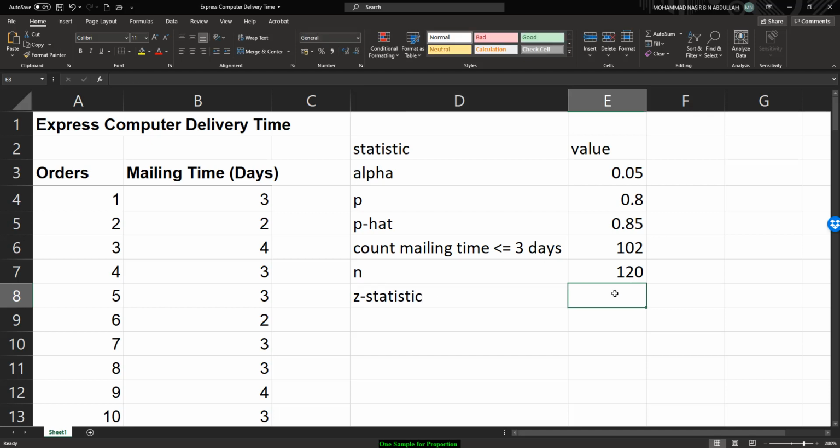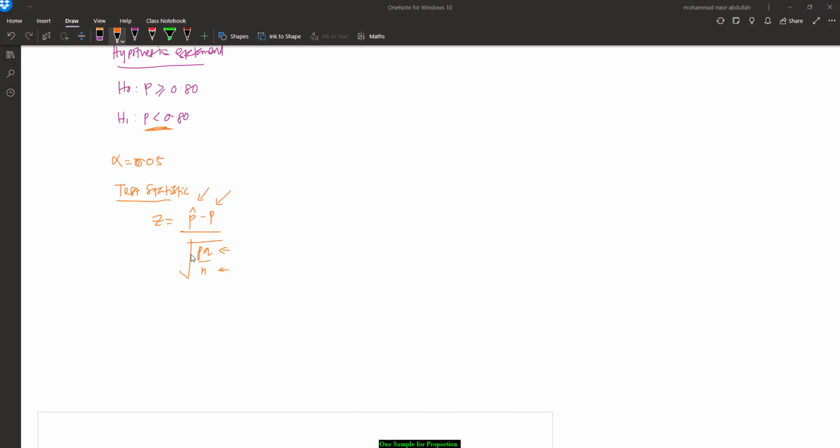So next we need to calculate the z statistic. The z statistic will be our P hat minus P, divided by the square root of PQ divided by n.